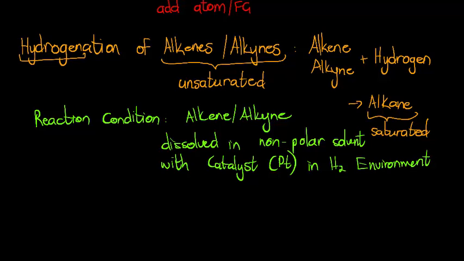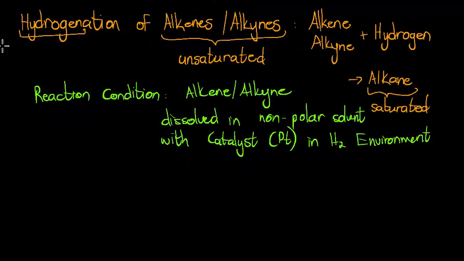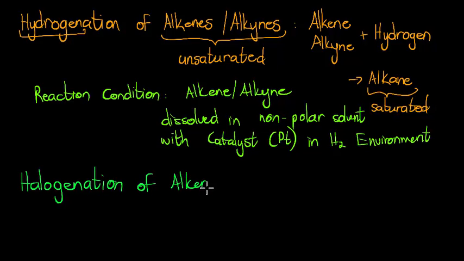Now let's move on to the next one, which was when we added a halogen. Next we could do the halogenation of alkenes or alkynes. Let's stick to alkenes. Halogenation of alkenes is where we have an alkene plus a halogen.